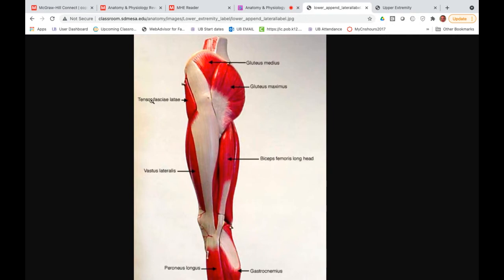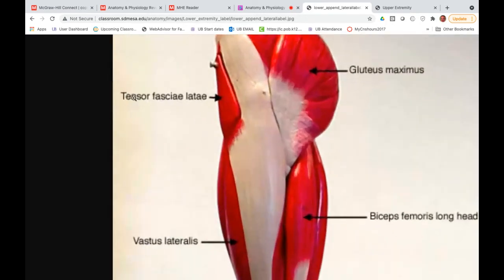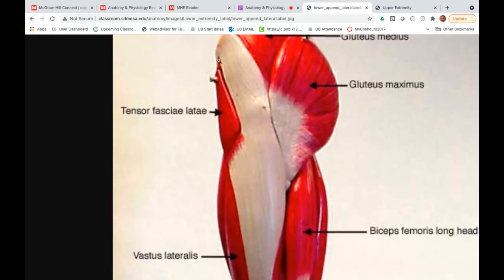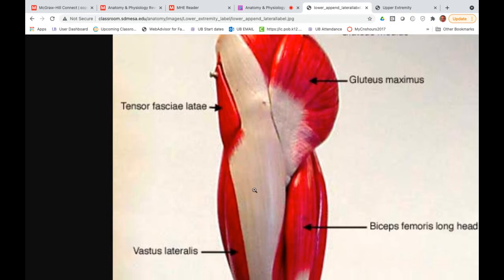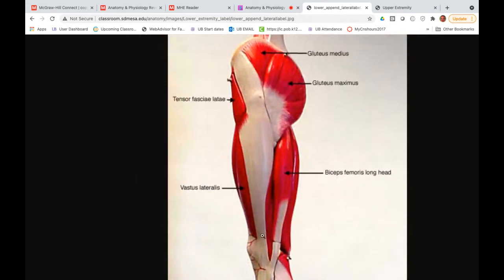So there's that Starbucks muscle, the TFL, right? There's the tensor fascia lata. It originates on the anterior superior iliac spine and inserts right there on the ITB. Short muscle, but a very, very long attachment site. But there's another muscle that attaches to the ITB. It's this one right here, the gluteus maximus.